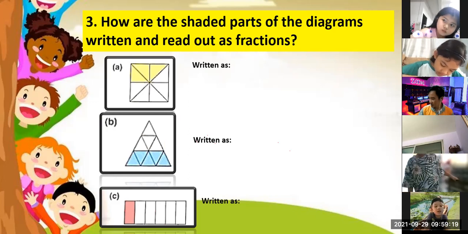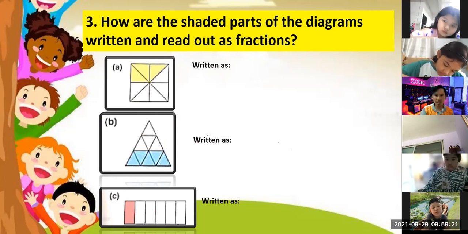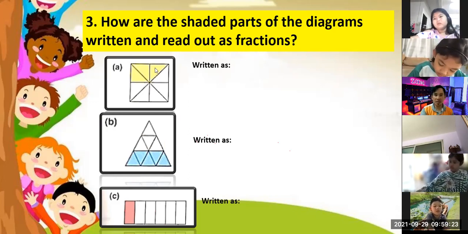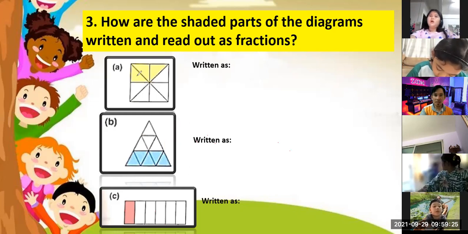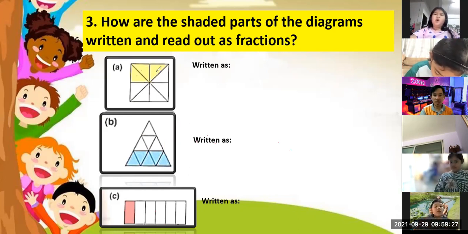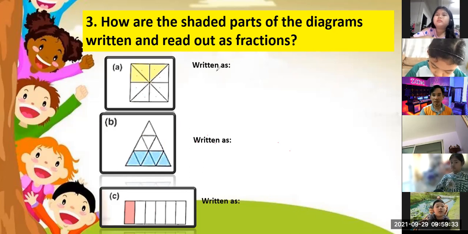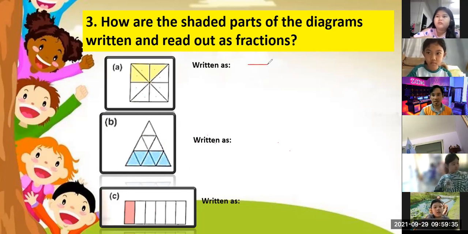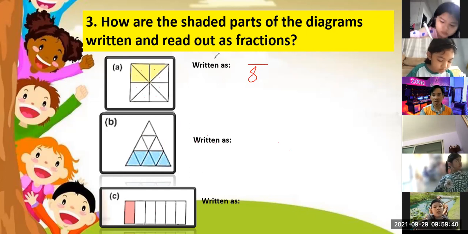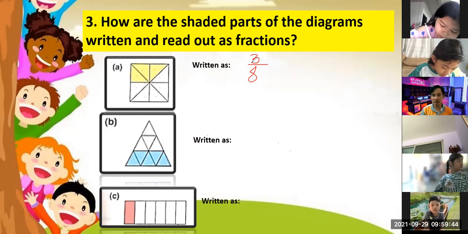In letter A, you just count here. How many equal parts here? 1, 2, 3, 4, 5, 6, 7, 8. So you can write this as 8 parts, right? And how many parts were shaded? So you write here, 3 parts were shaded, right?